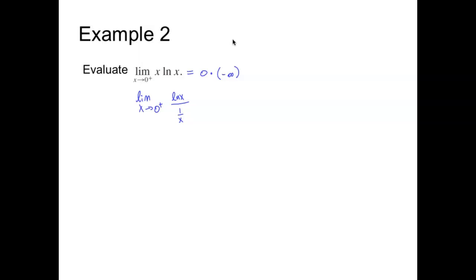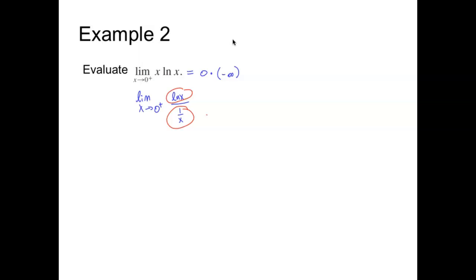Keeping in mind that we're going to be applying L'Hopital's rule, so we're going to have to take the derivative of the numerator and the denominator separately. So that kind of helps you make the decision about which way you're going to write your quotient, because both of them will come out to indeterminate forms, but one way is going to be easier to apply L'Hopital's rule to than the other.